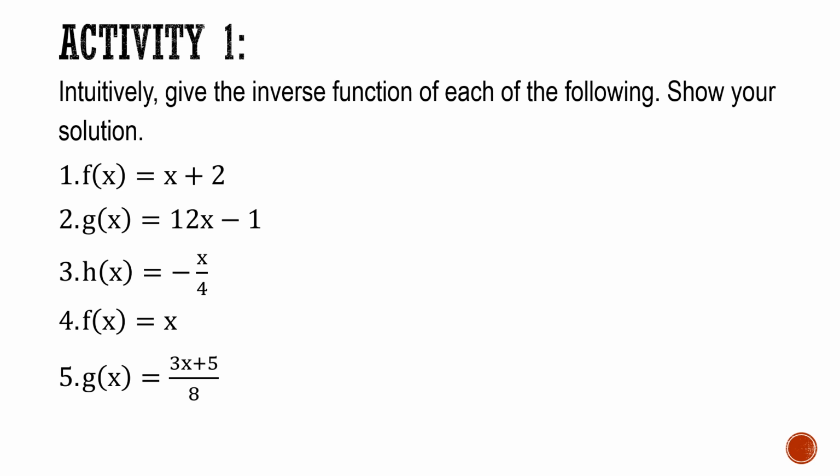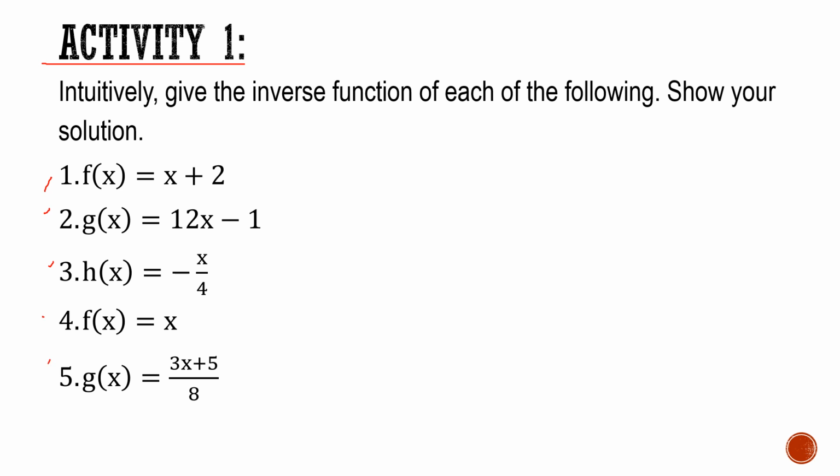So for activity number 1 for this module 12, intuitively, give the inverse function of each of the following. Show your solution. You need to show your solution, not only your final answer. So here there's an f of x, g of x, h of x, f of x, and g of x.